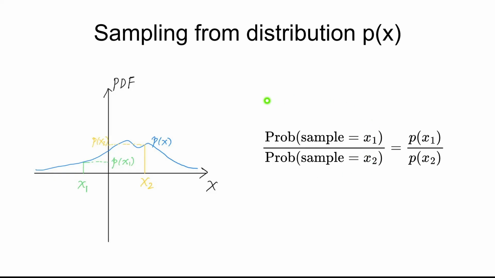So the probability of sampling x1 versus x2 is equal to P of x1 divided by P of x2. That's something we want to check for every method we are going to talk about. Once this condition holds, our sampling method is correct.